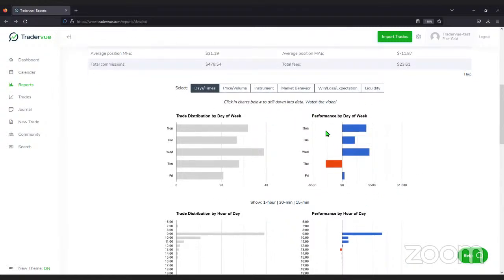Over here, based on the trades that you have imported, you can basically see that the trader usually does really well Monday, Tuesday, and Wednesday being the better days. But on Thursdays, for some reason, this trader is not performing well. That could be for multiple reasons, of course, but this is some insightful information.